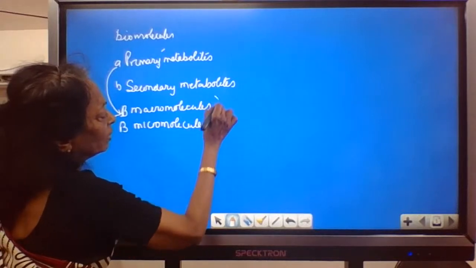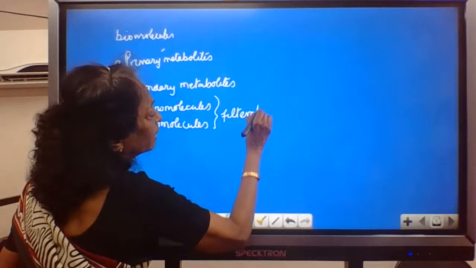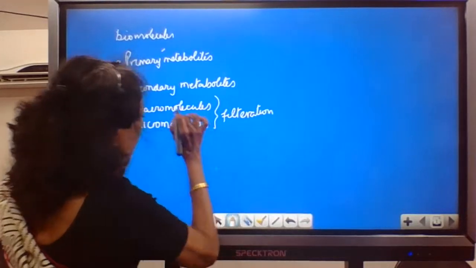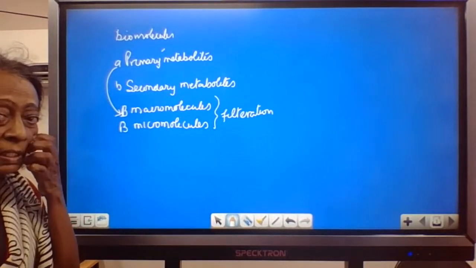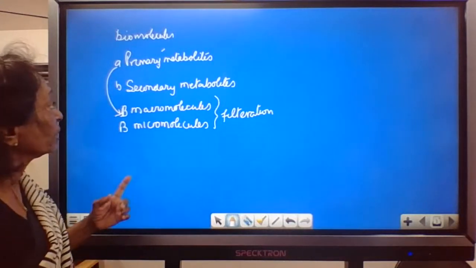How did they find out? By filtration. So what is the main difference between them? Their weight. All right. So biomolecules can be divided into primary metabolites and secondary metabolites.